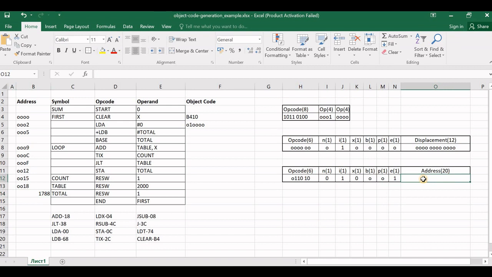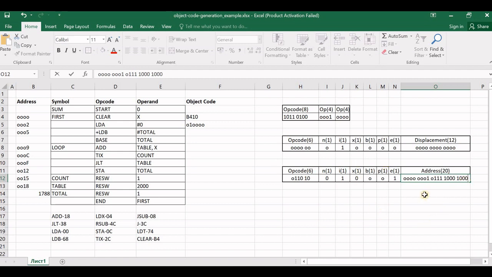When you represent 1788 in 20 bits, the first 4 bits are going to be zeros. Next 1, 0, 0, 0, 1. Next 7, 0, 1, 1, 1. And last is 8, that is 1, 0, 0, 0.